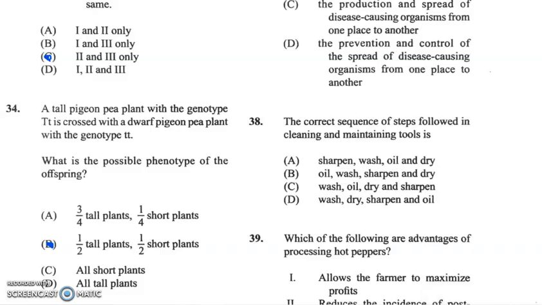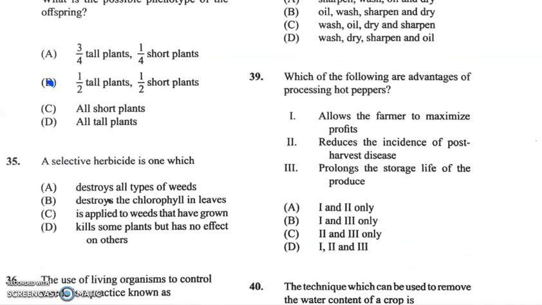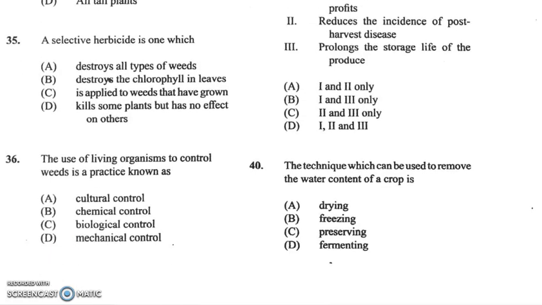Question 35. We're going on very good. A selective herbicide is one which, and if your answer is D, kills some plants but has no effect on others. Question 36. The use of living organisms to control weeds is a practice known as, and if your answer to 36 is biological control, you are very much correct.